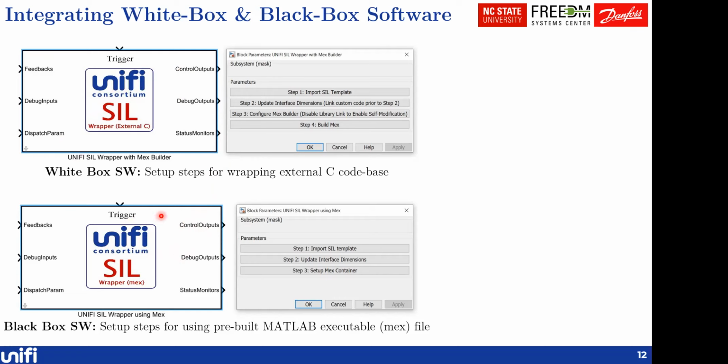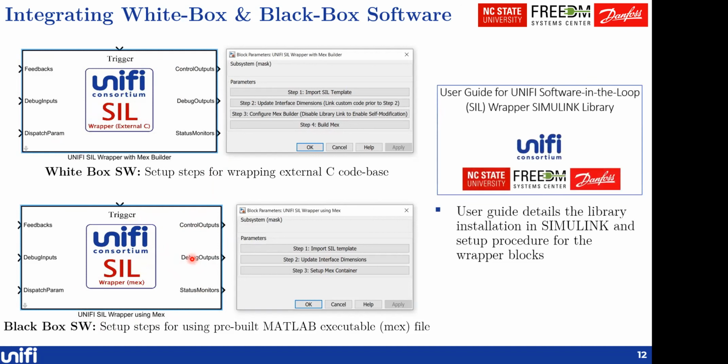That's how you can link a black box software into your simulation environment. To guide you through the installation of these blocks and how you can set these up, we also wrote a user guide that has the details of how to do all of this.